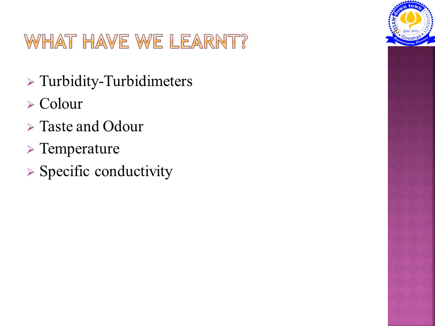The color in water can be easily detected by the naked eye, and it can be measured by comparing the color of the water sample with standard glass tubes, also known as Nessler tubes, containing solutions of different standard color intensities. The standard unit of color is that which is produced by 1 milligram of platinum cobalt dissolved in 1 liter of distilled water.